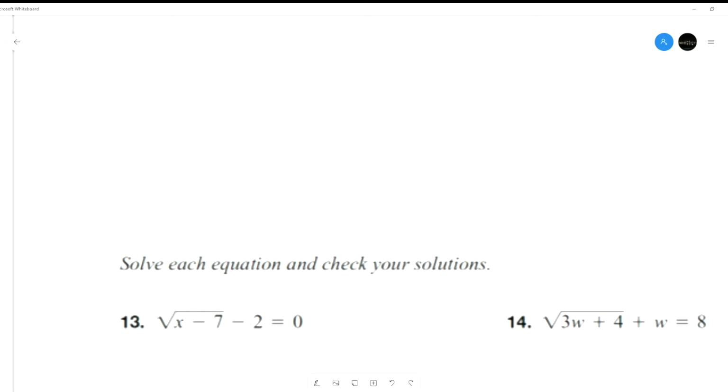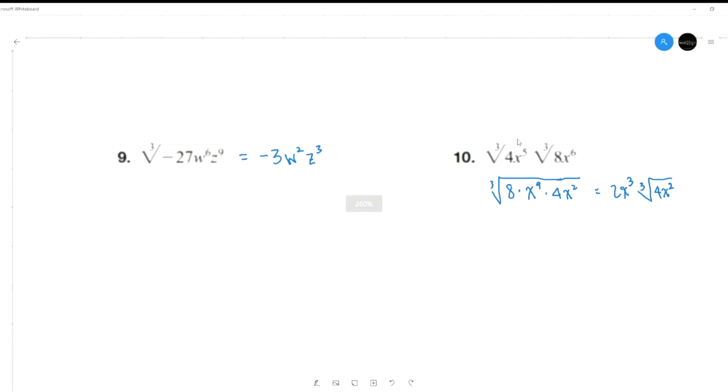Sure. Let me explain that one more time. So, as you can see here, cubed root of 8 is equal to 2, right? 4 is not a perfect cube. So what I'm going to do is combine the x's. If you combine these right now, you get 32x to the 11th, right? Cube root of that. So the x to the 11th, I'm going to separate into x to the 9th and x squared, rather.